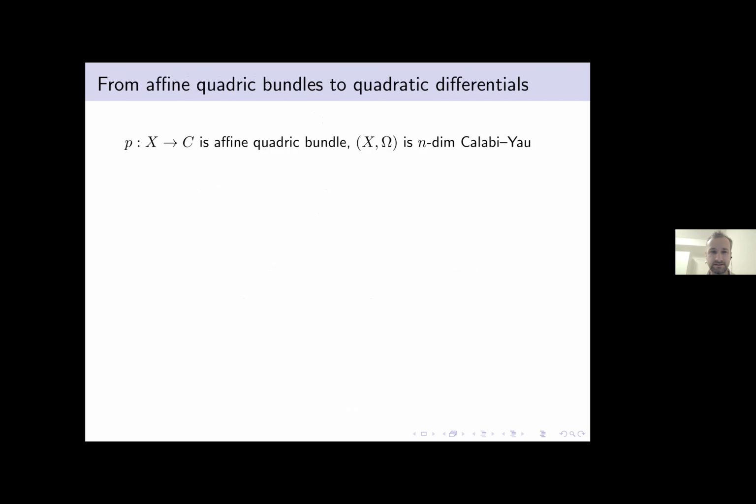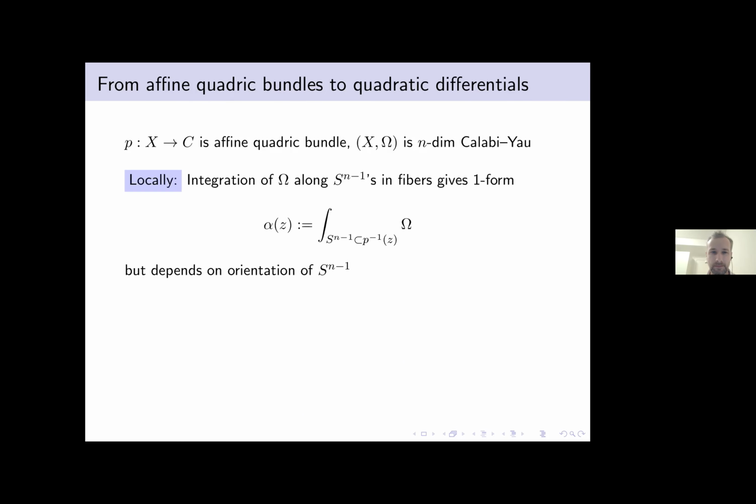So if you have one of these things, then locally, we have these fibers, which are topologically just spheres, and we can integrate the holomorphic volume form along these spheres, by the general principle of integration along fibers. We get a one form on the base, but there's a little subtlety here: it depends on the orientation, right? We need to choose one. Locally, we can do that.